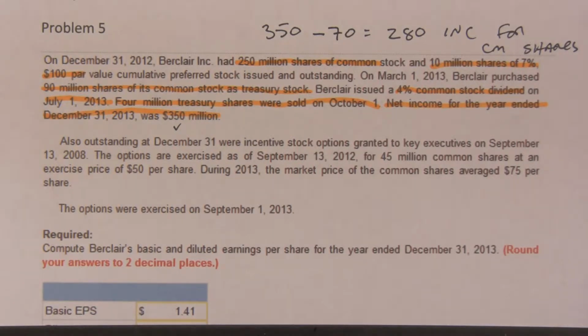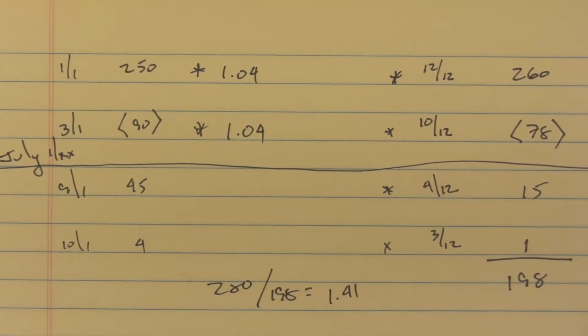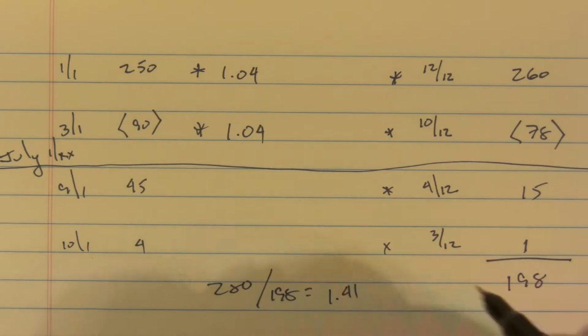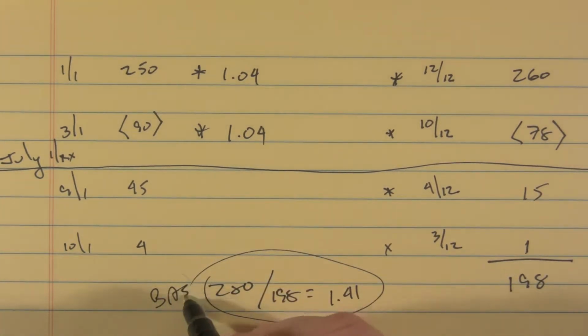Now, our fully diluted EPS. Fully diluted EPS starts with this, okay? But it says, what happens, worst case scenario, if all the options were exercised and we act as if they were all exercised at the beginning of the year?